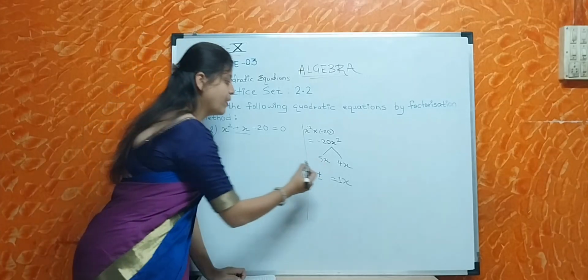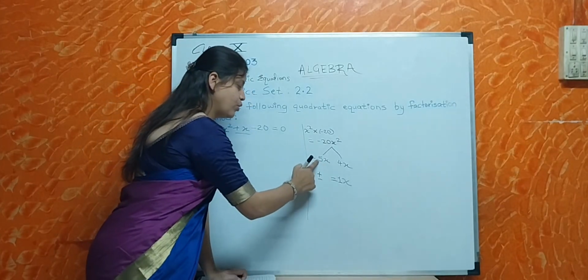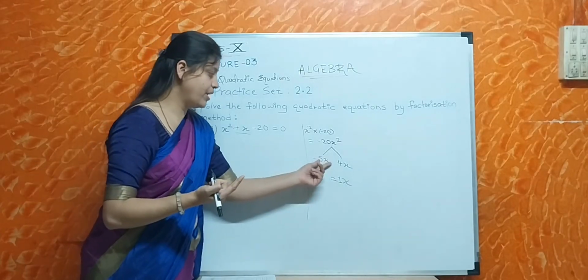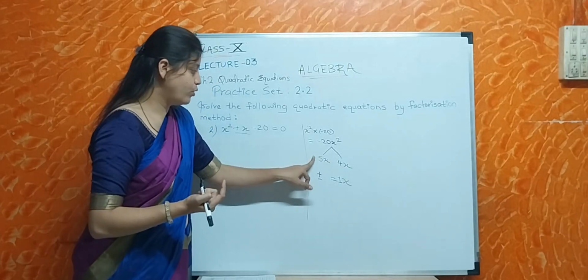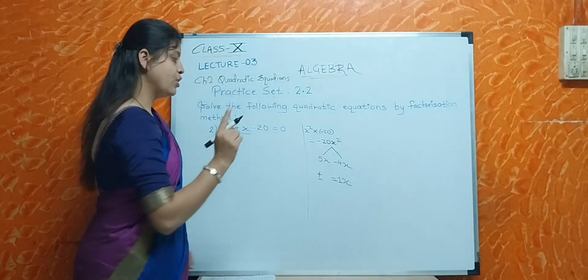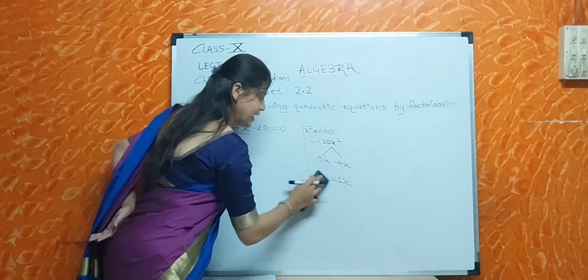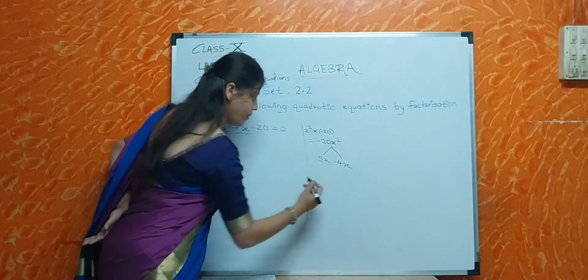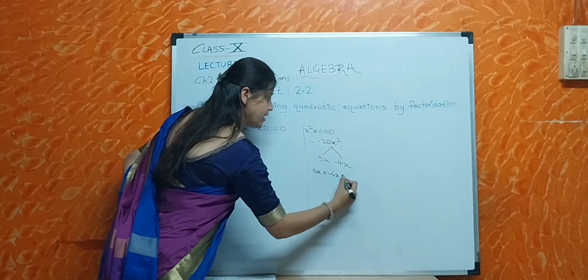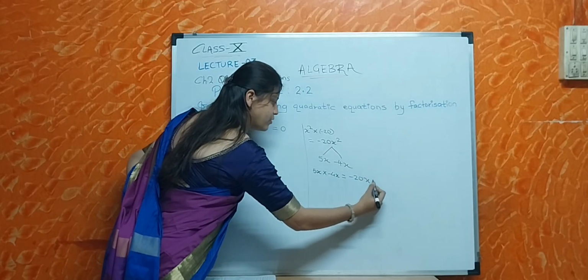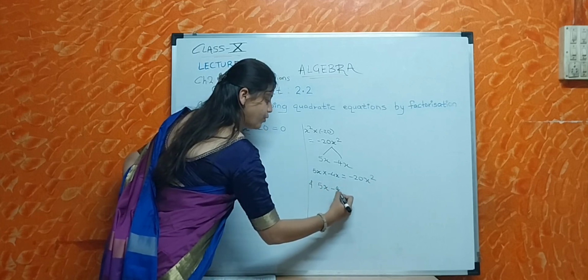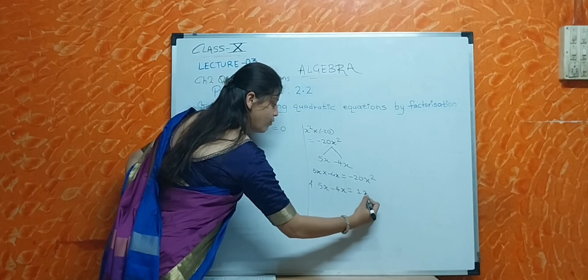Because if we take minus 5x, then minus 5x plus 4x will become minus 1x, because the bigger number has a minus sign. So here we have to give a negative sign to 4x. So we will get our two answers: 5x into minus 4x is equal to minus 20x square, and 5x minus 4x is equal to 1x.